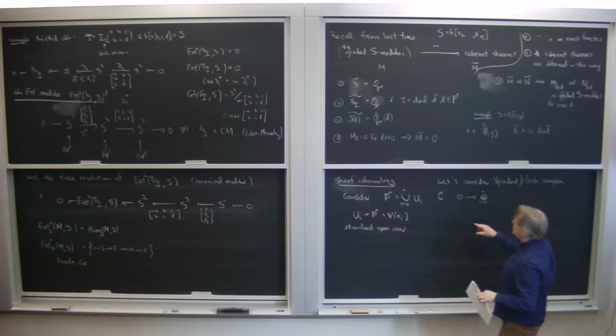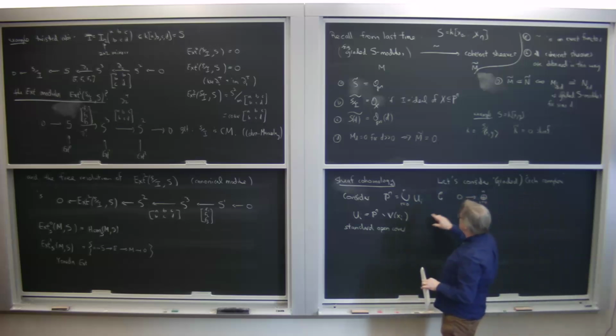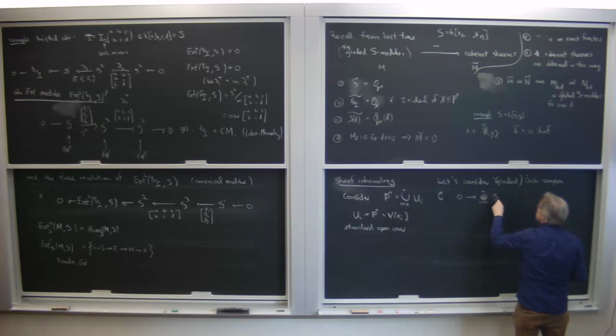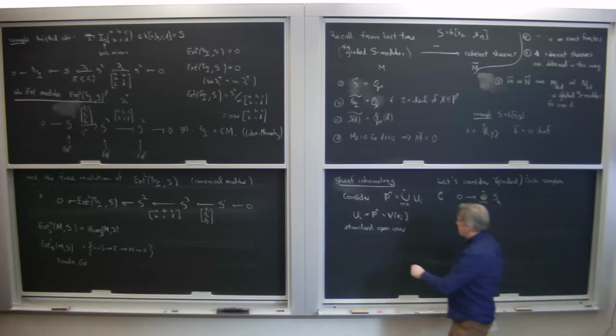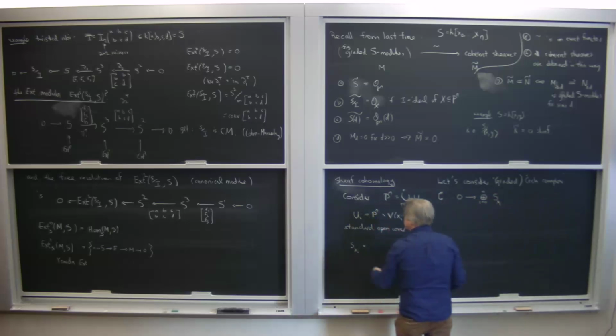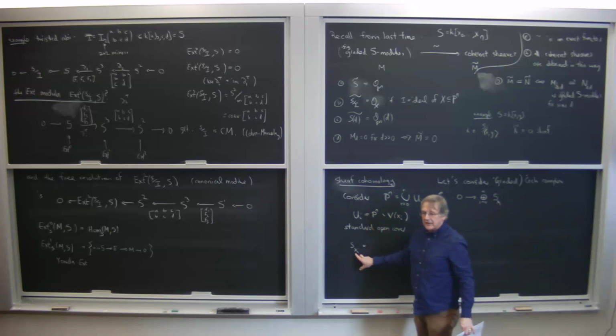Basically what I want to consider is what happens if I set x_i to be non-zero. Here's the standard notation for it. In fact, why don't I do it here? S_{x_i} is basically take S and invert the element x_i. In other words, allow x_i to be a denominator as many times as you want.